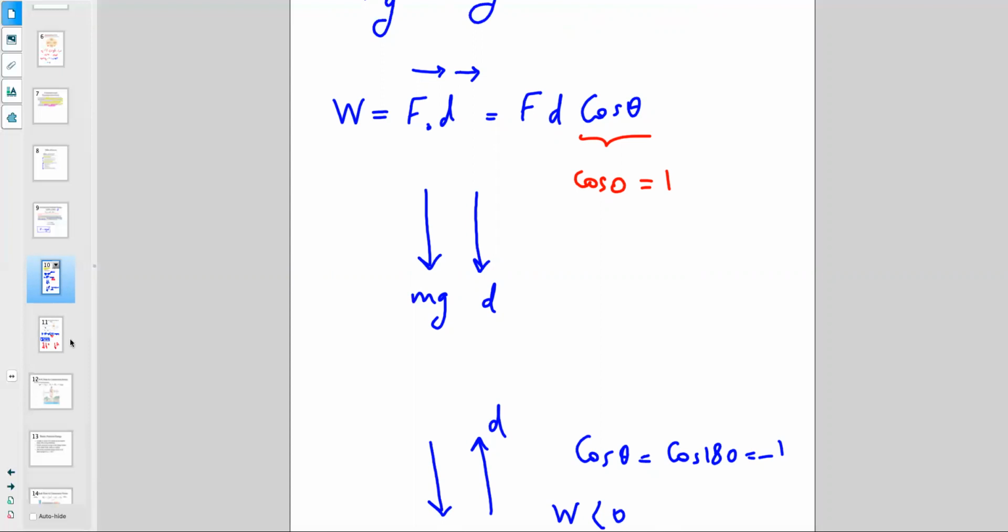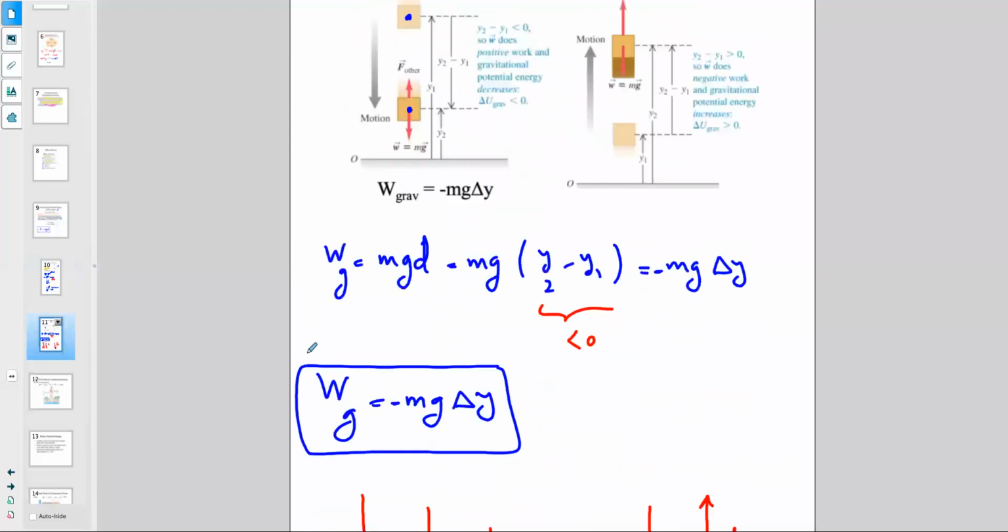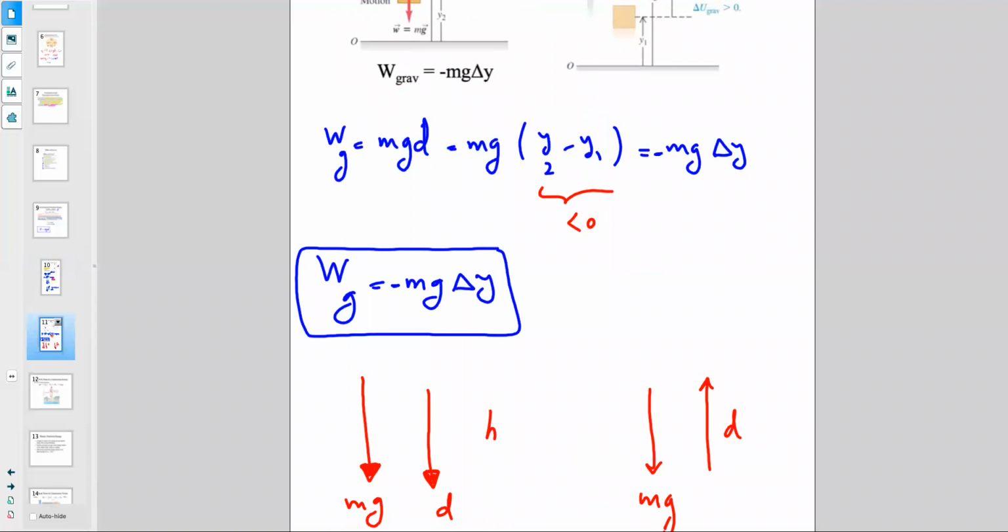So if you keep the formula like this, let me highlight it, then it means you have included this negative sign in your calculations correctly. So don't worry about whether it's positive or negative. Whatever sign this formula gives you, you keep it.